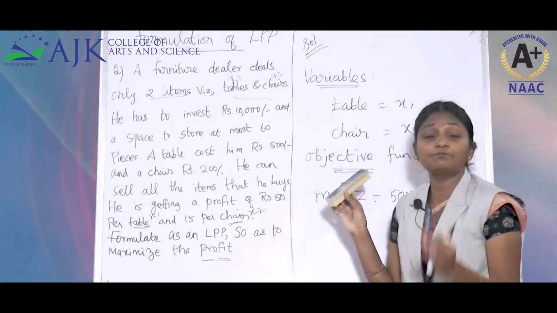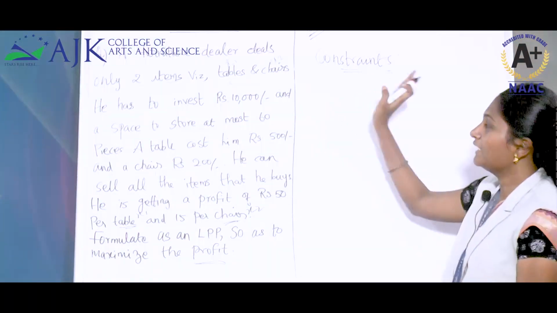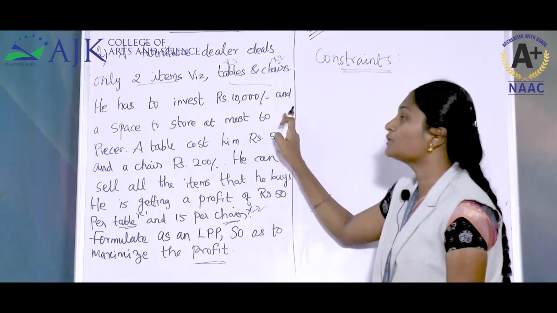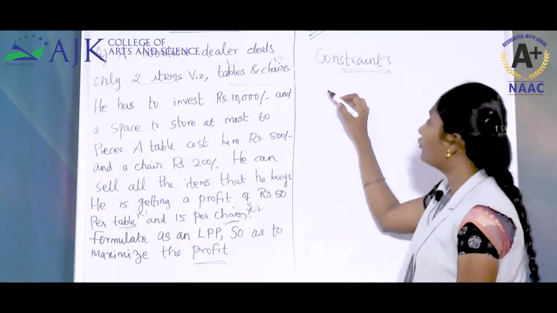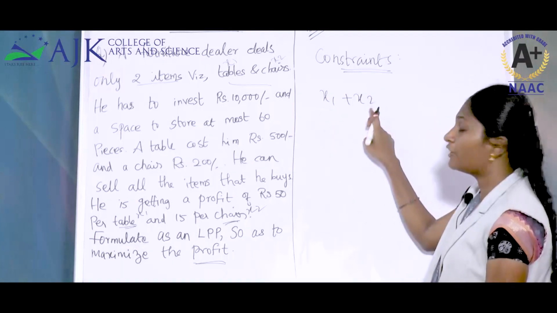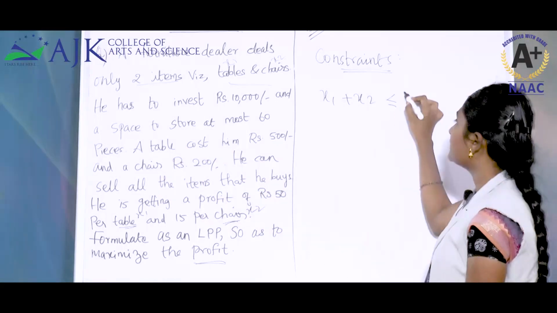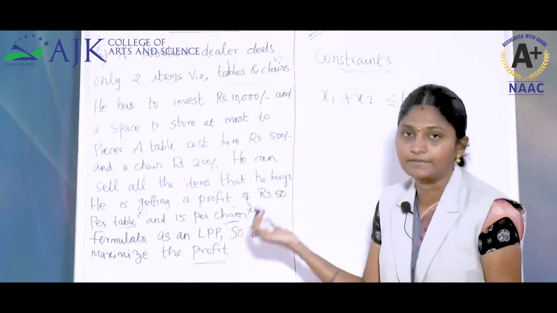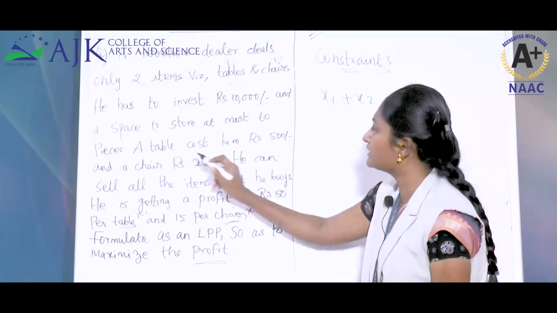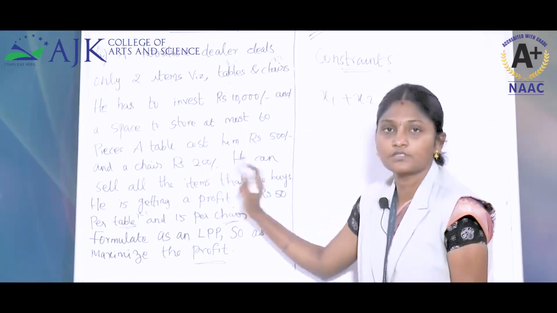The third part is the constraint. Here they have given that the dealer has space to store at most 60 pieces. Therefore, x1 plus x2, the number of tables plus the number of chairs, is at most 60 pieces. Therefore, less than or equal to 60. This is our first constraint. Next, they have given that a table costs rupees 500 and a chair rupees 200.